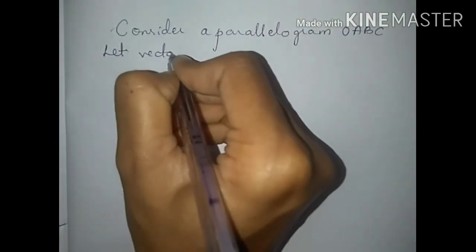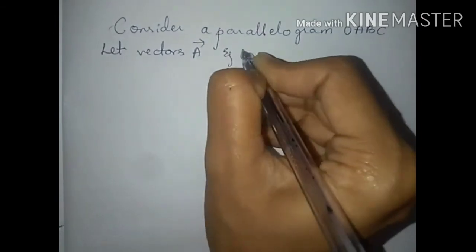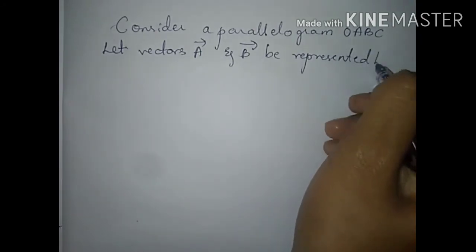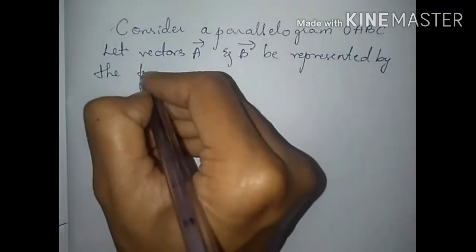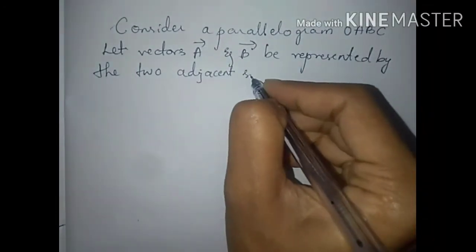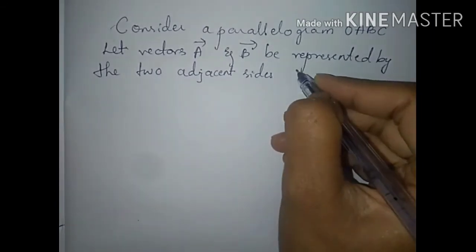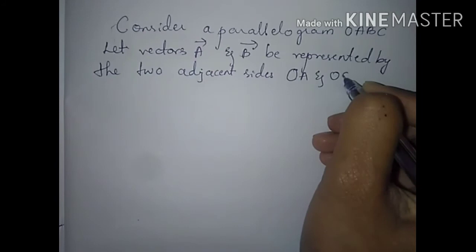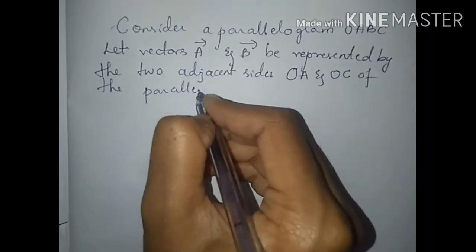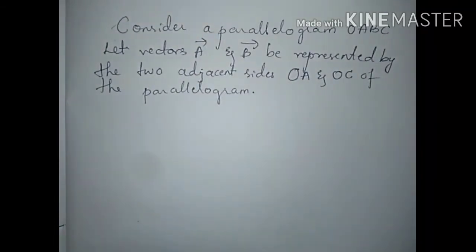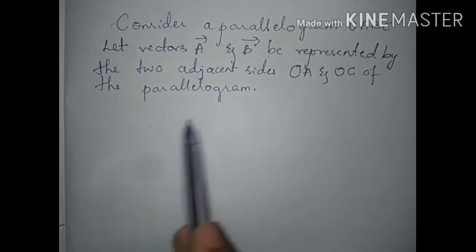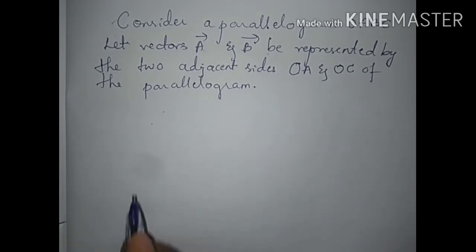Let vectors A and B be represented by two adjacent sides, say OA and OC of the parallelogram. So you have two vectors, vector A and vector B, and these two vectors are represented by two adjacent sides of the parallelogram.